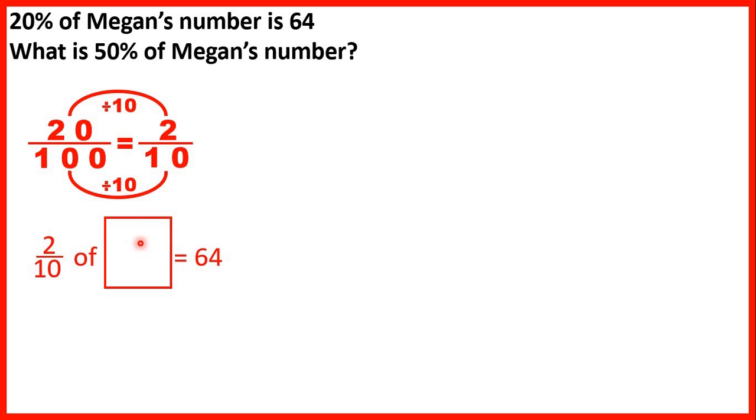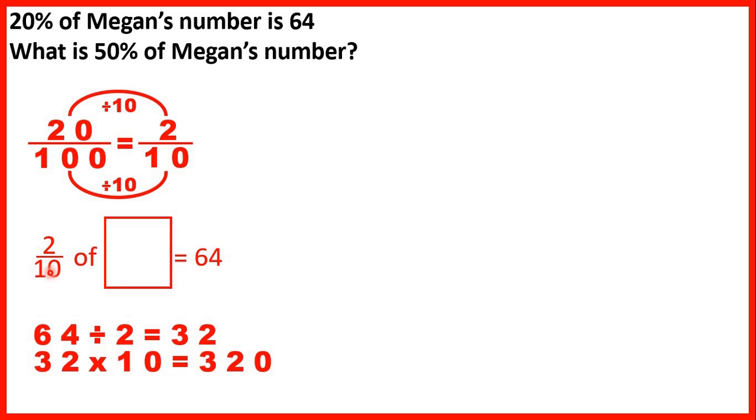Now usually, to find a fraction of a number, we divide by the denominator, times the numerator. But here, because it's a missing number problem, we need to divide by the numerator, and 64 divided by 2 is 32, and then we can multiply that by the denominator, and 32 times 10 is 320.